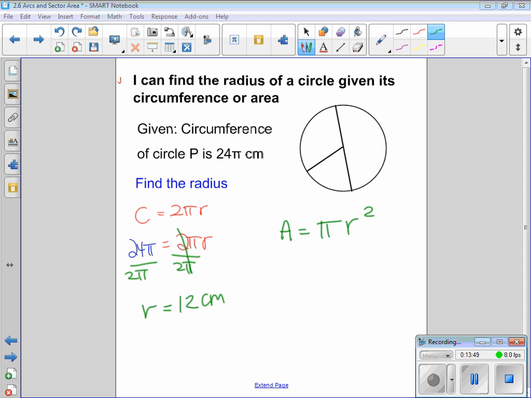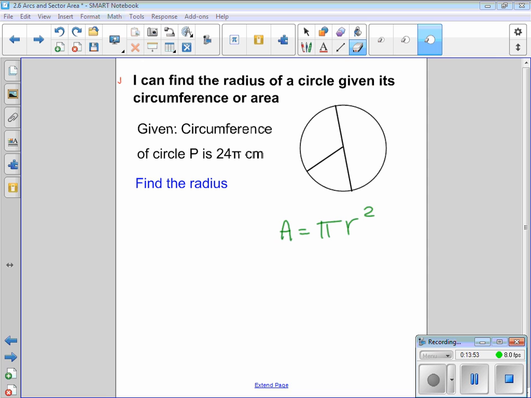So here's the thing. I might have said, hey, find the radius, right? That's actually what I did. I said find the radius. But suppose I didn't say that. Suppose I gave you the same information above and I said find the area, right? So you jot down the area formula like I have here to the right. But see, the area formula doesn't have a place for circumference.